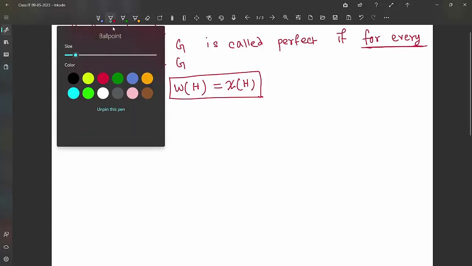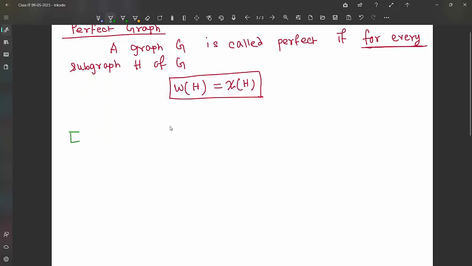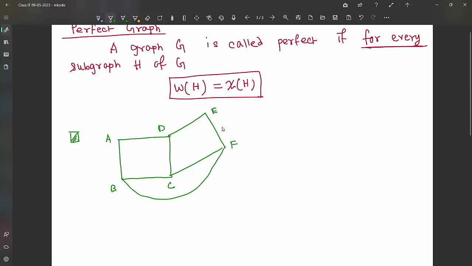So just take one example to understand this. Take the previous graph, suppose this is the previous graph. Again take this graph A, B, C, D. This is E and this is F, and there is a connection between B and F. Now just take some subgraphs here.